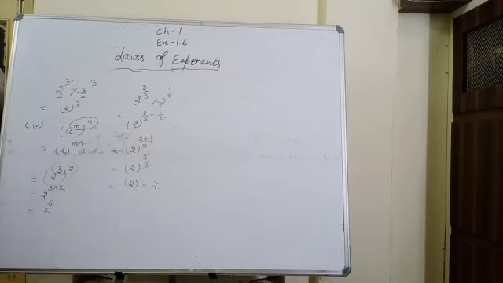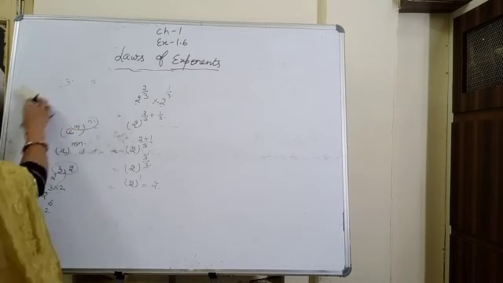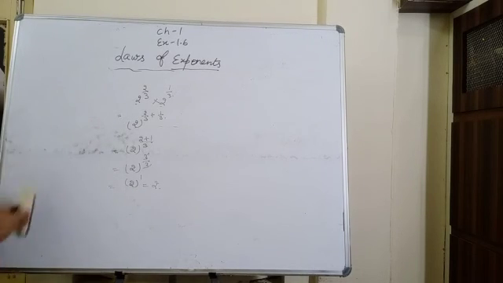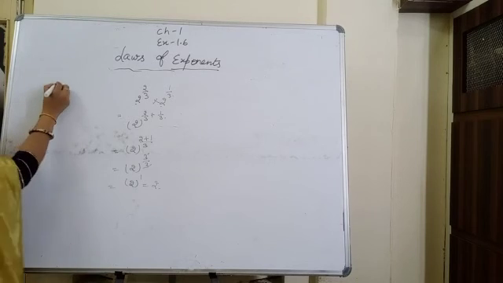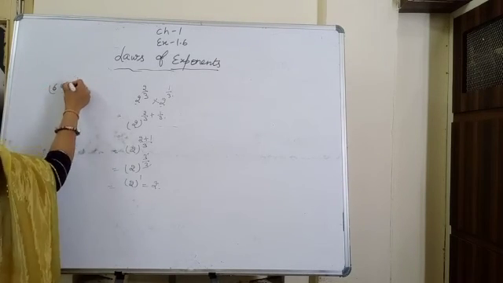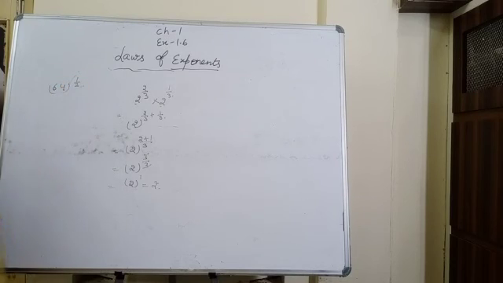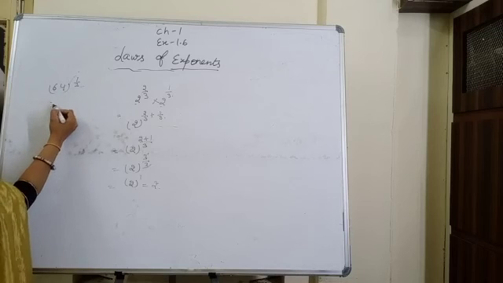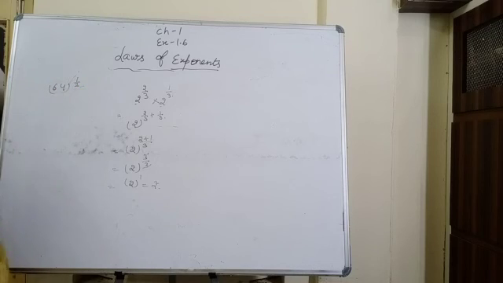One more example we will do. 64 raised to power 1 by 2. We have given 64 raised to power 1 by 2 and we have to solve it. Now here power is given in fraction and in denominator we are having 2. If 64 is something raised to power 2, then 2 and 2 can be cancelled.